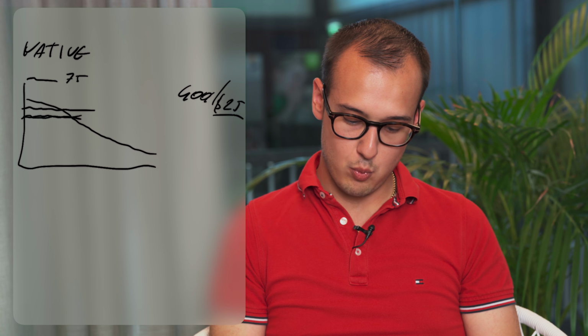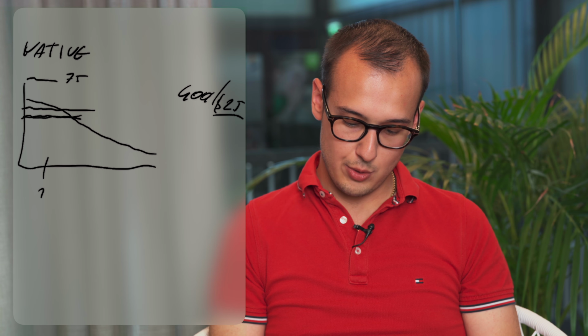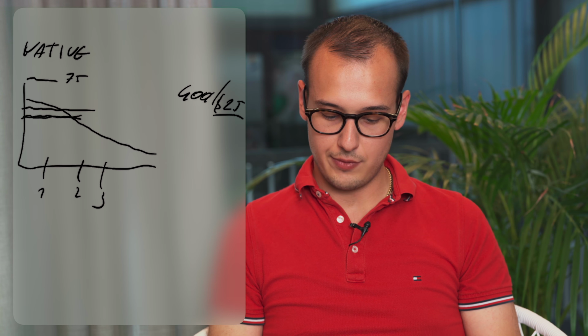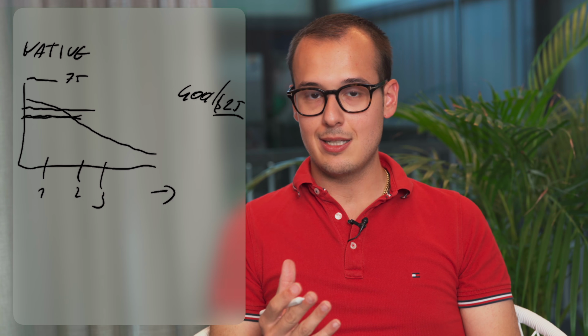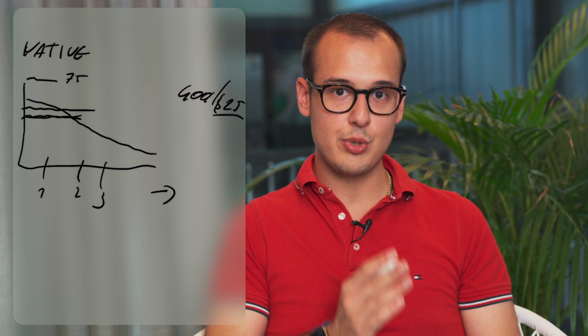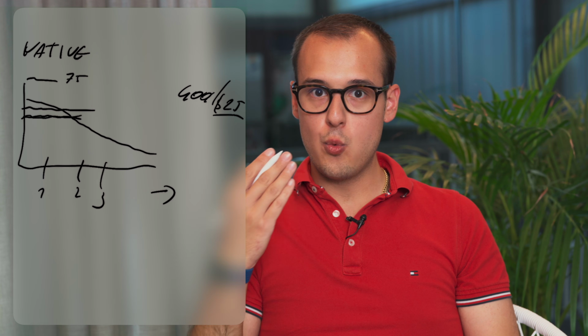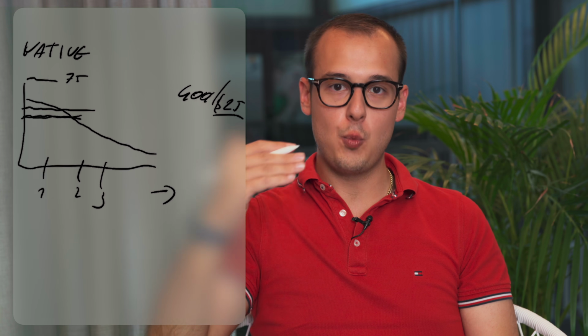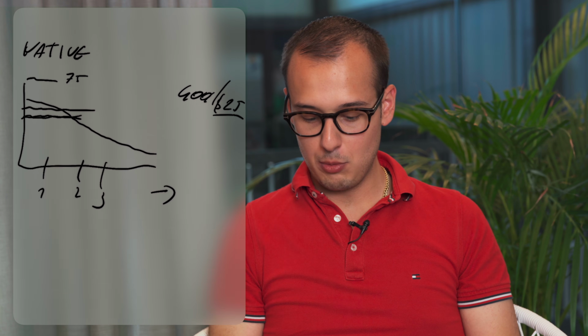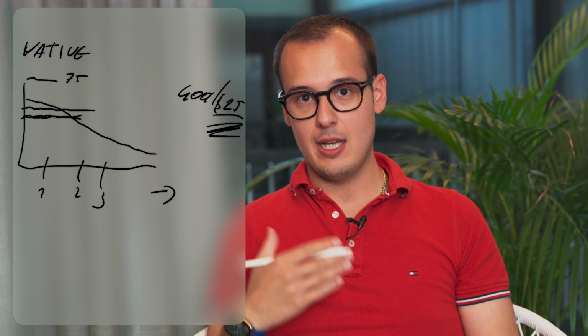So for example, this is week 1, week 2, week 3, and so on. The good news is, after we see what's working and what's not working, after the testing period, we bring the CPA down very fast and meet the target CPA very fast.